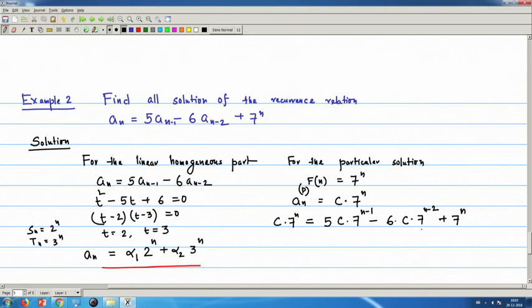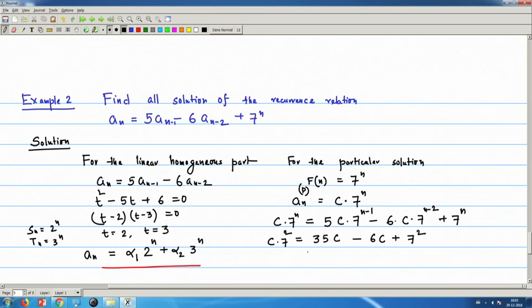So, if I divide both sides by 7 to the power n minus 2, I get c 7 square is 35 c minus 6 c plus 7 square.